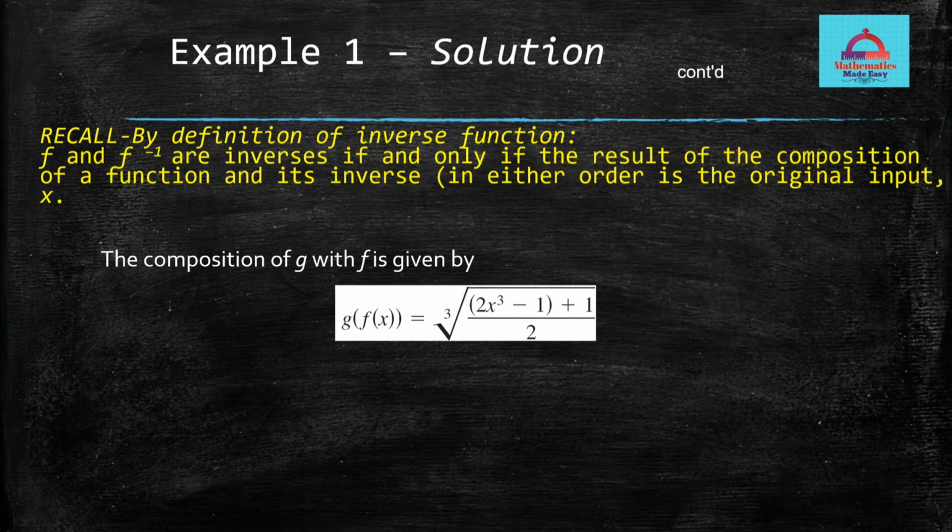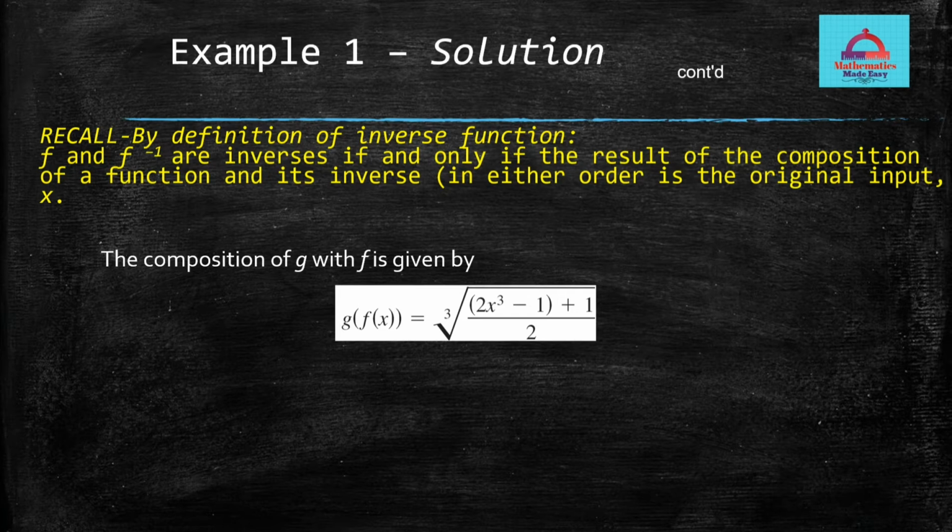That means the condition that we are going to verify is that f of g(x), this composite function, and the other composite function g of f(x) that we will very shortly find, are equal to the original input x. If this condition is true, we can say that f and g are inverse functions.